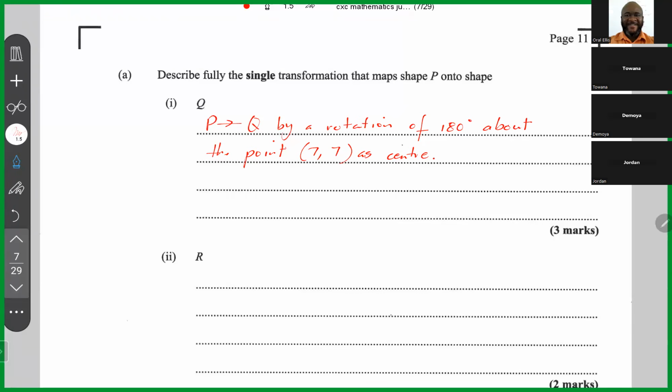All right, now with a 180-degree rotation, you don't have to give a direction.